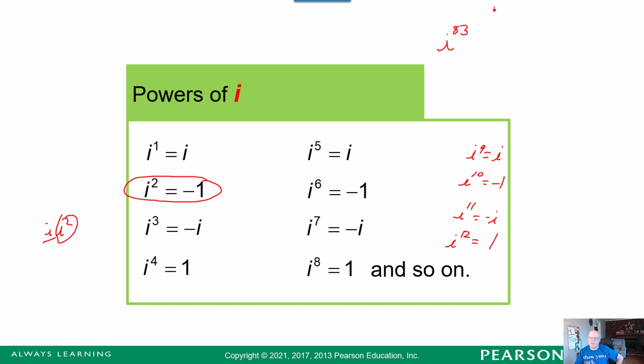Well, if you divided by 4, if we divide 4 into 83, what do we get? Well, 4 into 8 goes 2 times. 2 times 4 is 8, good. Bring down the 3, 0 times, and you've got a remainder of 3.